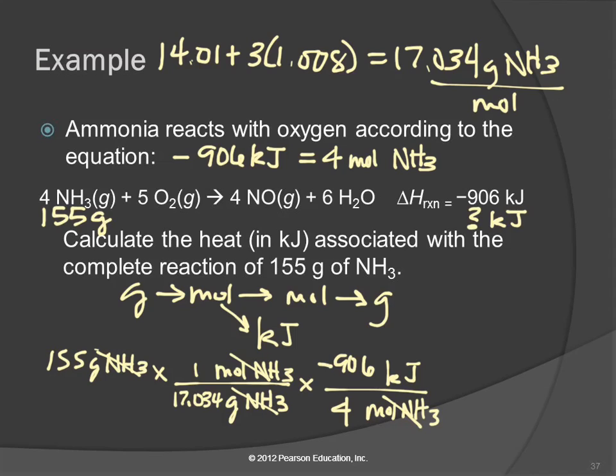So we got 155 divided by 17.034 times negative 906. Make sure you use the change sign button and not the minus sign. Divided by 4. Well, I divided by 1, that doesn't do much good. Divided by 4.